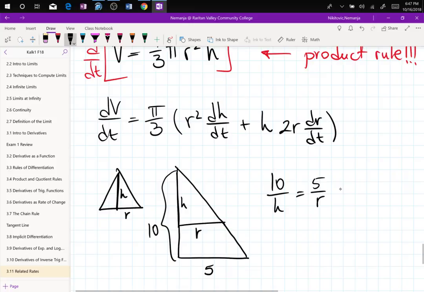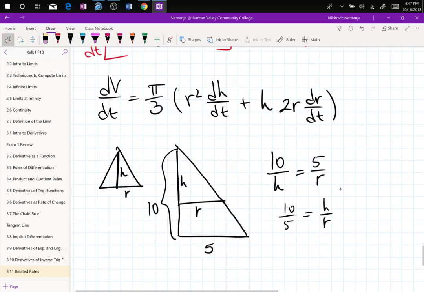You can write this proportion any way you want. You can say 10 to 5 is h to r, whatever. So 10 over 5 is equal to h over r, from where h over r is 2 and h is equal to 2r. Of course, it's obvious that h equals 2r because I picked 5 and 10. Pick any numbers, and that ratio 2 is going to change.